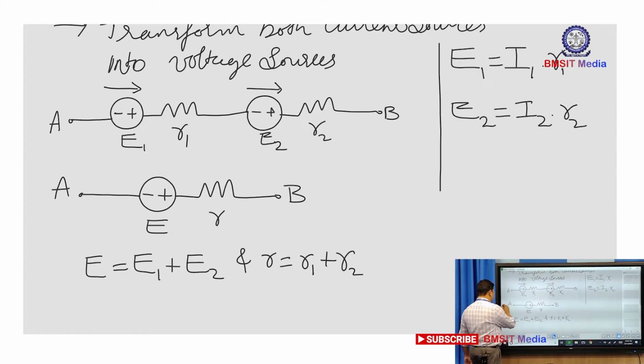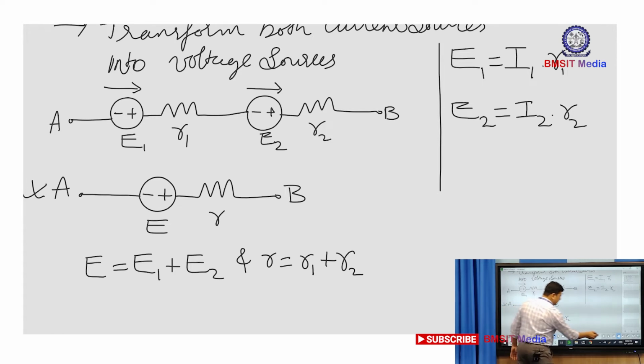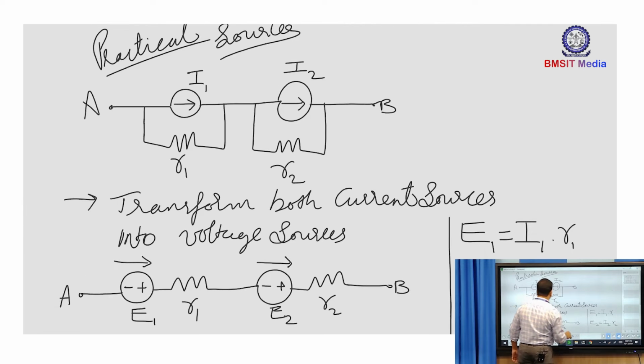So this will give the resultant equivalent circuit. Now if I want the equivalent current source, the main motto of doing this is, there are two current sources connected in series. I want the equivalent current source connected between A and B.